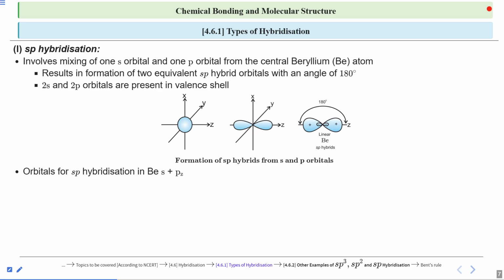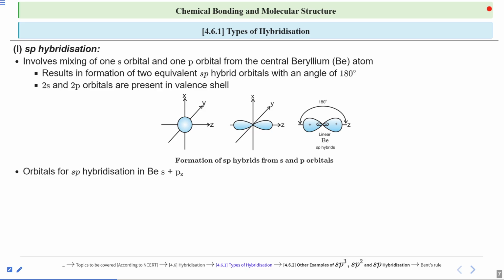The answer is that in the normal sign convention we take the z axis, which is the most used convention. If the combination is occurring along the z axis, we will always take pz. So why pz specifically? Because in the case of pz only, the hybridization is possible.